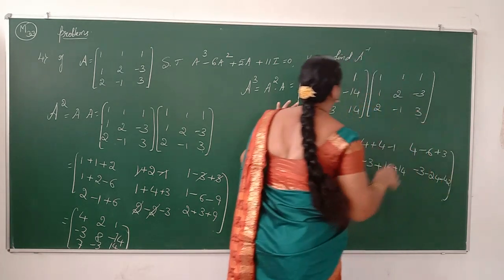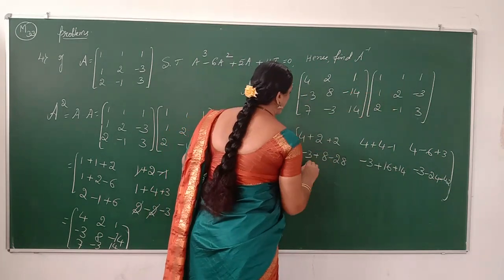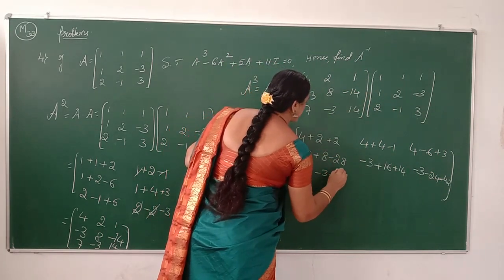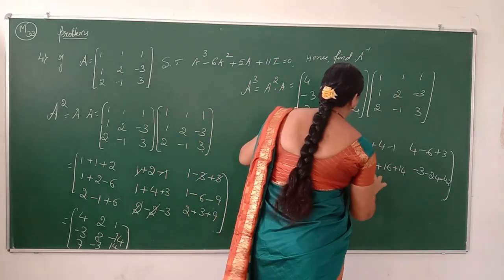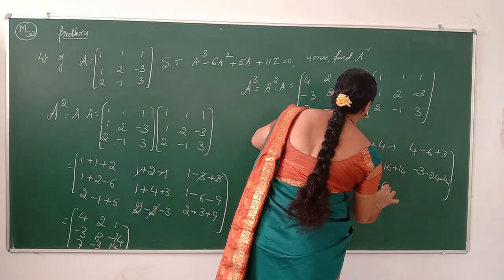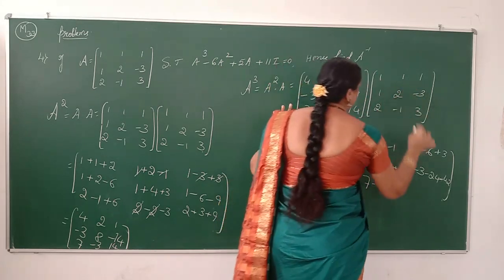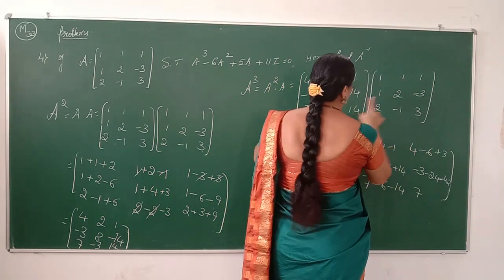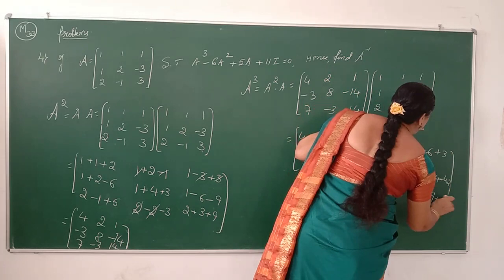Then third row first column, 7 minus 3 plus 28. 7 minus 6 minus 14. 7 plus 9 plus 42.